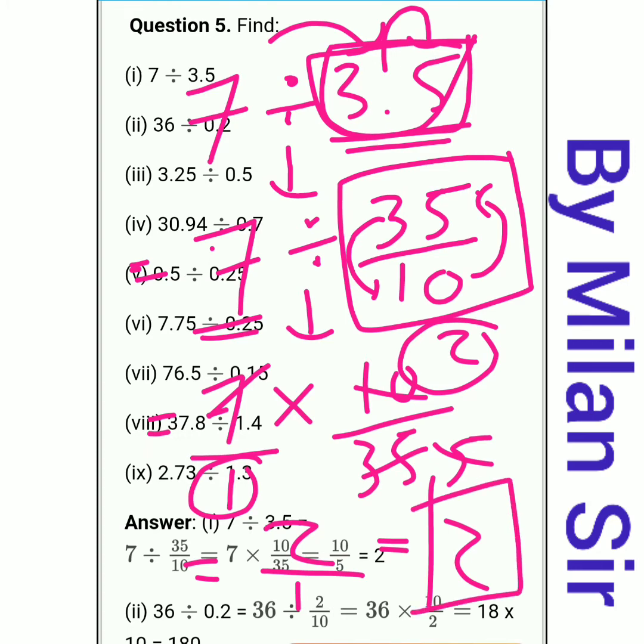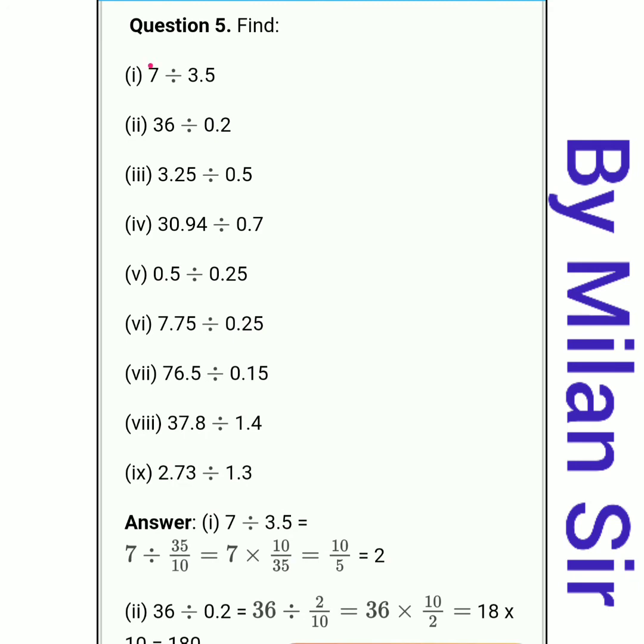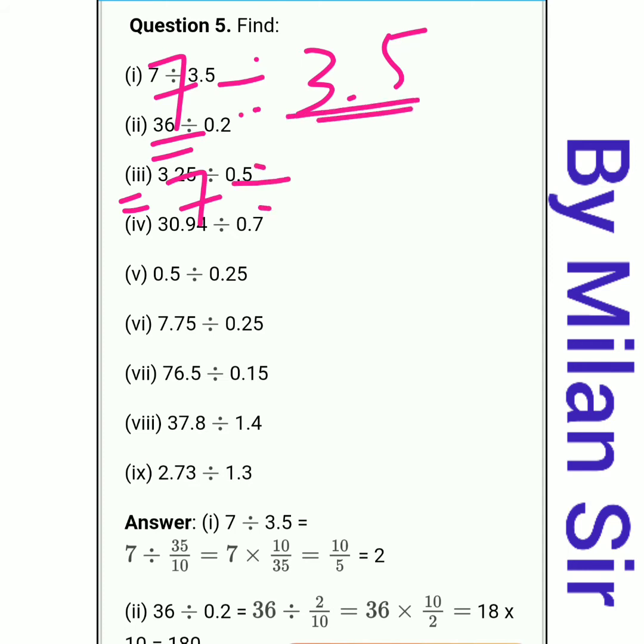Again, I repeat this question. 7 divided by 3.5. First of all, 7 as it is, division as it is. First we convert this decimal number into a fraction. So ignore the decimal point, 35. After the decimal point one digit is there, so we put 10 here. One more thing, we do not need to take the reciprocal of the first number; it remains as it is.